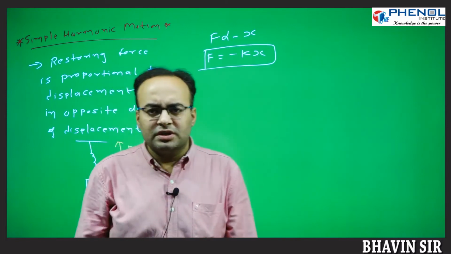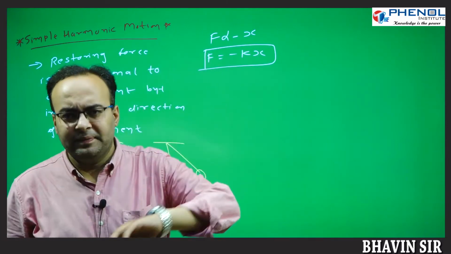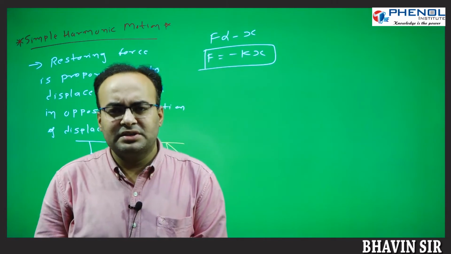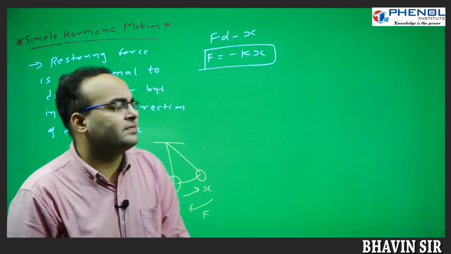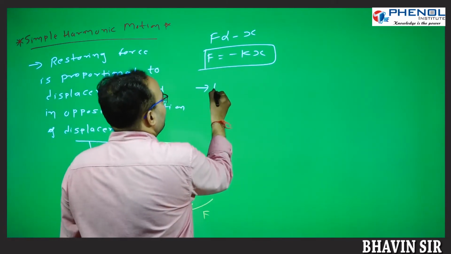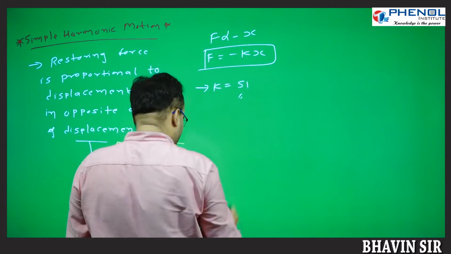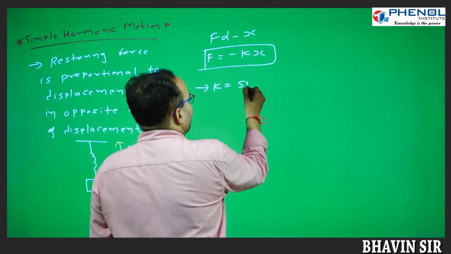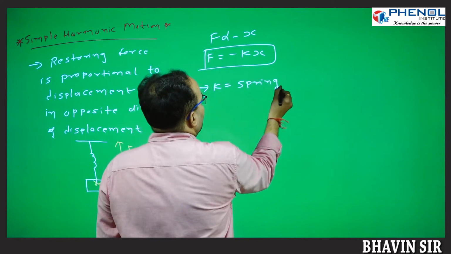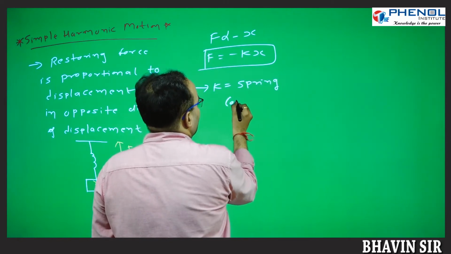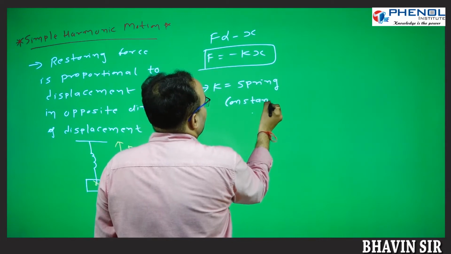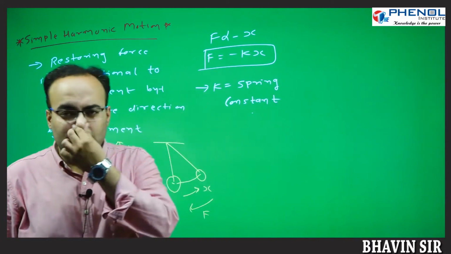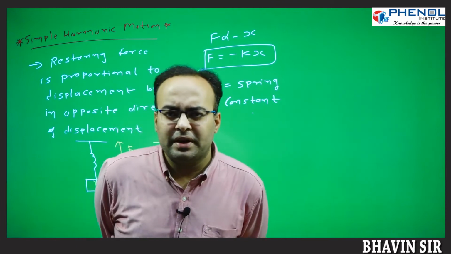Replacing proportional, here we place k. F is equal to minus kx. What is k? K is known as spring constant.